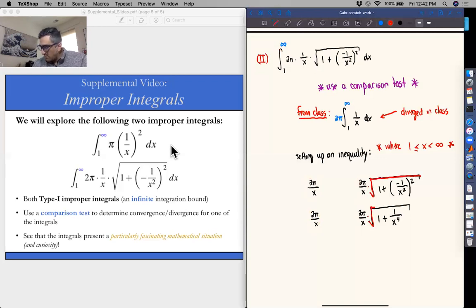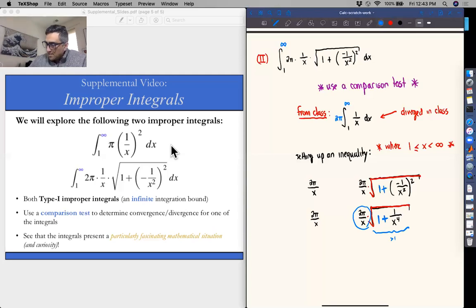And this square root thing is a number that's going to be greater than 1, because we have a 1 plus something underneath that square root. And the other thing we're adding to that 1 plus something is something positive itself. So this whole square root is greater than 1. So if we multiply that thing that's greater than 1 onto this 2 pi over x, well, that should make this whole right-hand side larger than 2 pi over x.